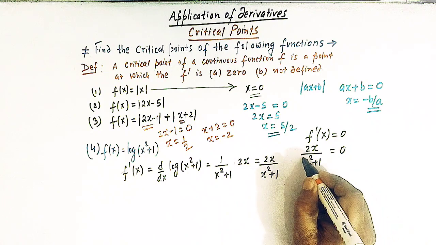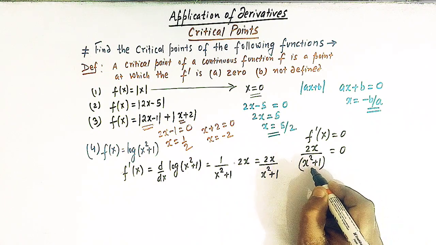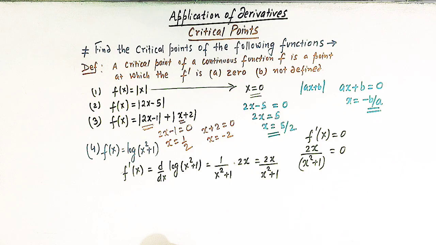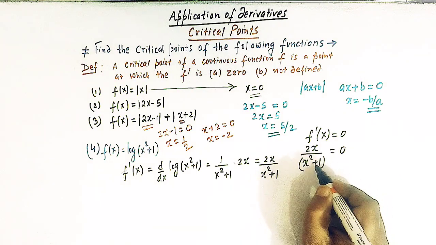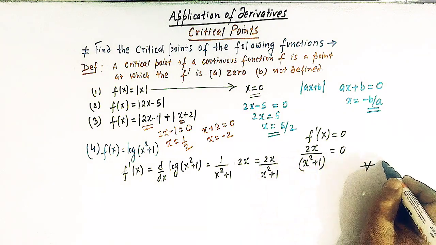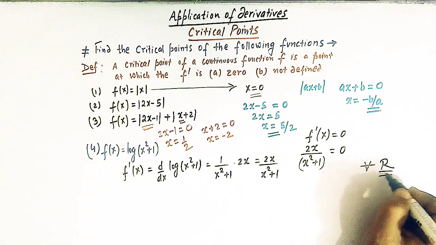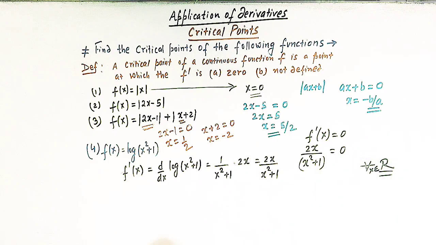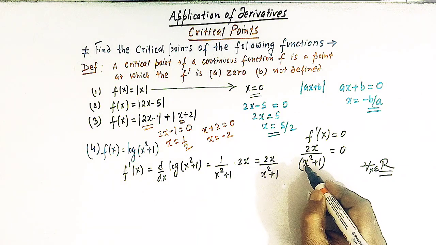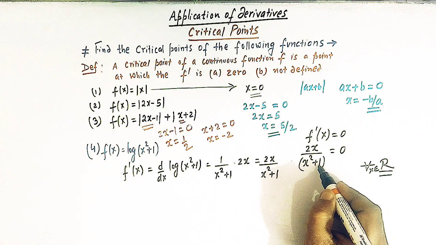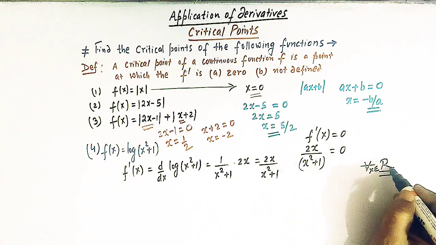So see, the denominator is defined for all values of x, right? So the denominator is defined for all real numbers, that is x belonging to the set of real numbers, because here we have a square term, that is x square, right?